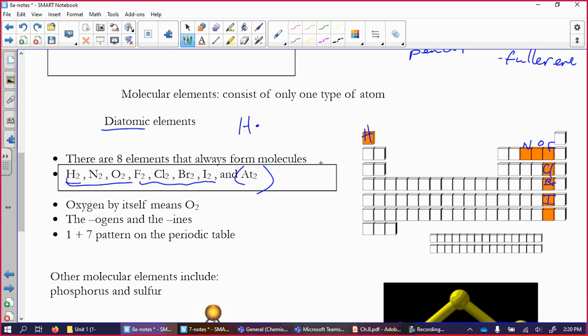But you need to know the diatomic molecules, and there are a couple of mnemonic things. BrINCl. It's those things all in a different order.